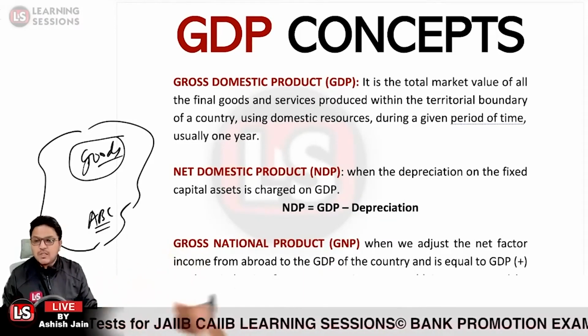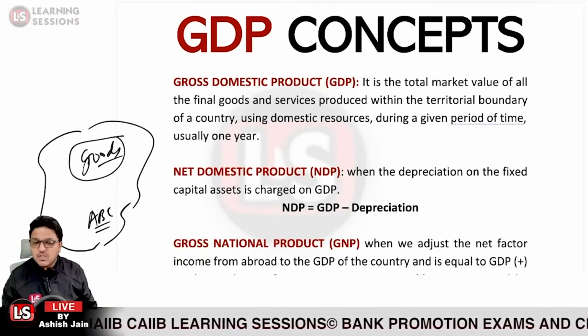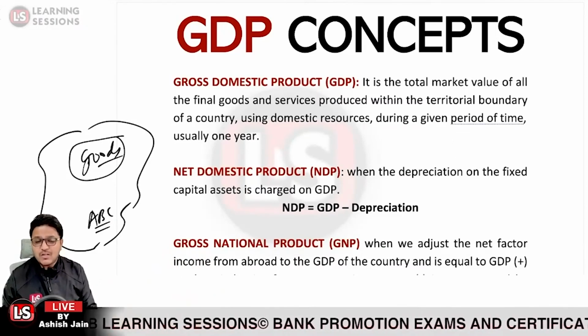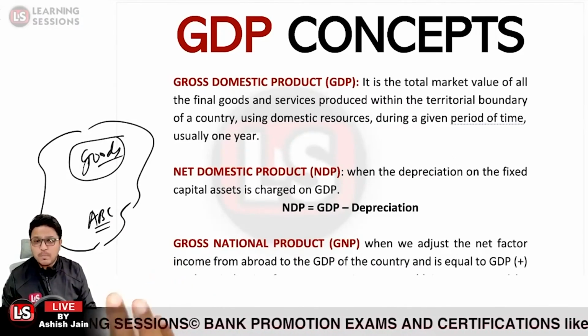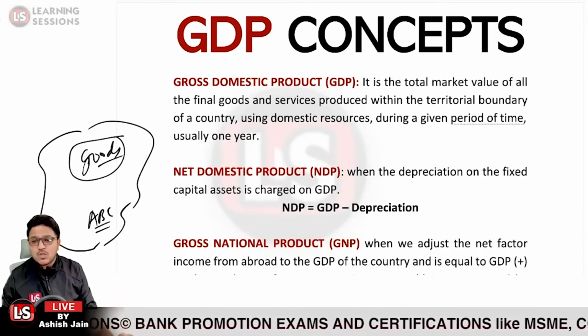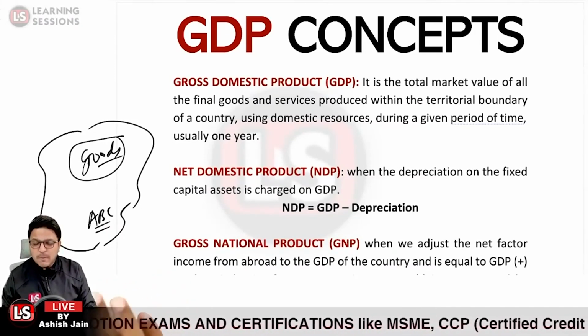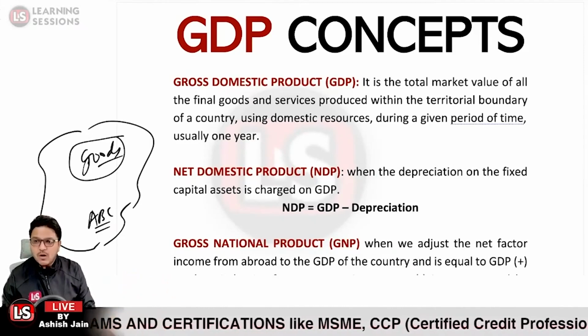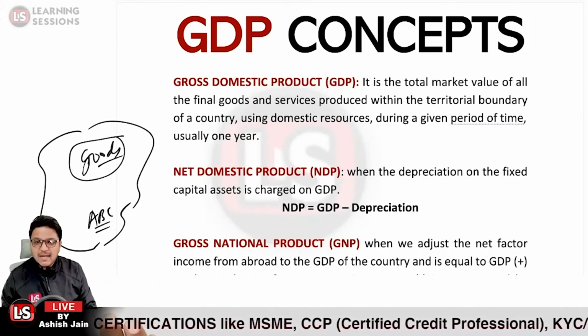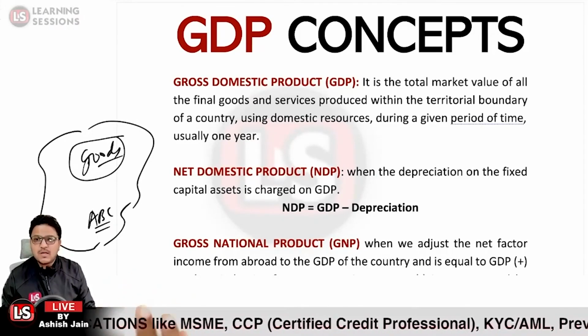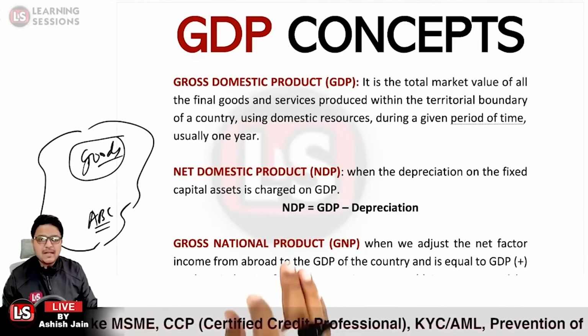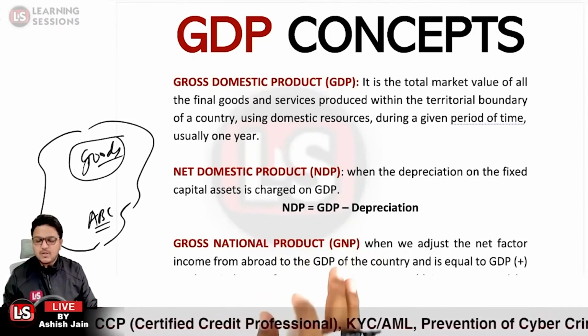So let us take the case that we use machinery to render the services or to produce the goods. In that case, whatever depreciation has been charged must be reduced. So GDP minus the depreciation on the capital assets is the NDP, the net domestic product.